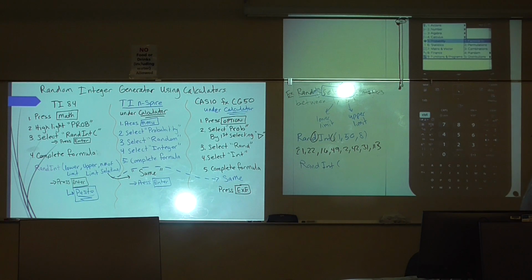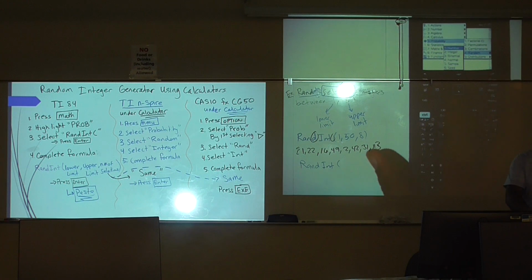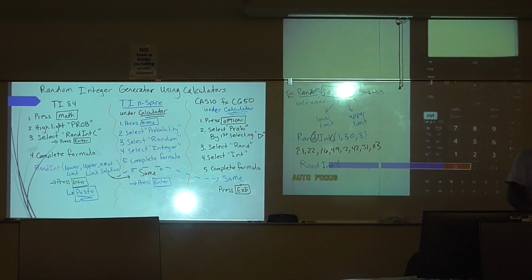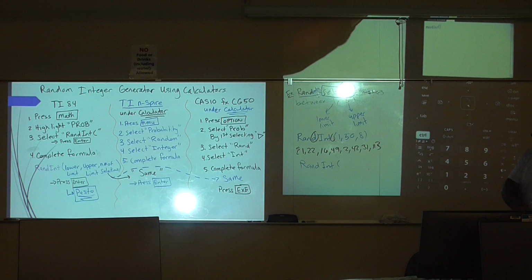Press enter. Then I'm going to go to random, and then to integer. Notice how it does the same setup as what happened before. It's a little hard to see, so let me zoom in real quick so you can see that's what's happening down here. We're seeing the same thing.